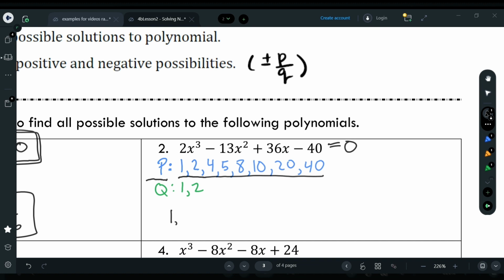And you know what I'm going to do so that I don't have to write plus or minus for every single one is I'm going to wait till I get the whole list, and then I'm just going to put brackets around it and put the plus or minus outside. So I'll show you here. So we're not forgetting about the plus or minus. We'll come back and do that. Okay, so that's dividing every P value by 1. Now let's go to 2, right? Divide by 2. So we've got 1 over 2.